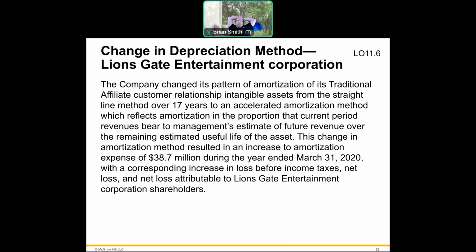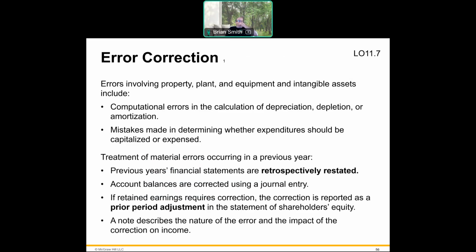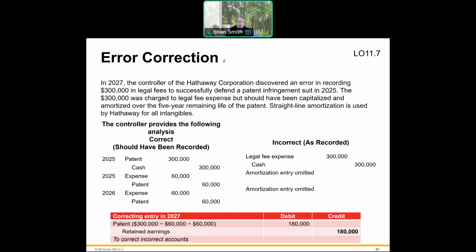And this is what I think it's saying. Error correction: if you find an error, you've got to go back in time and correct the prior financial statements that the error affected. As the last couple of sentences say, if the error impacts retained earnings, which it usually does, we need to put that at the beginning of our statement of retained earnings.